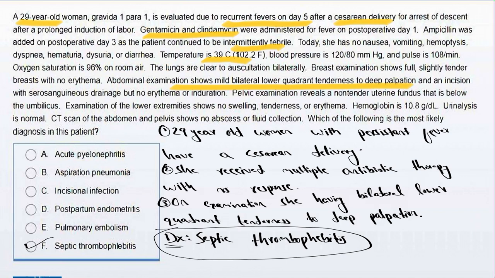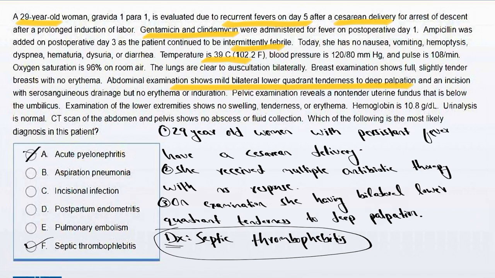Bilateral lower quadrant tenderness, that becomes infected, causes endothelial damage from infection or trauma during delivery. Persistent fever unresponsive to broad-spectrum antibiotic therapy and a negative infectious evaluation suggest septic thrombophlebitis. Treatment is with anticoagulation and broad-spectrum antibiotics.